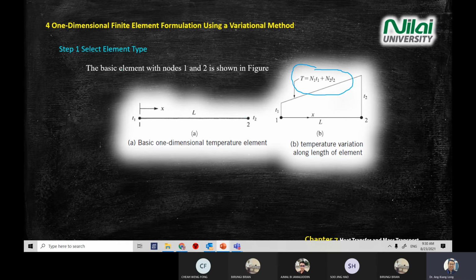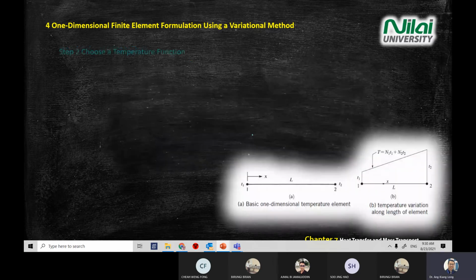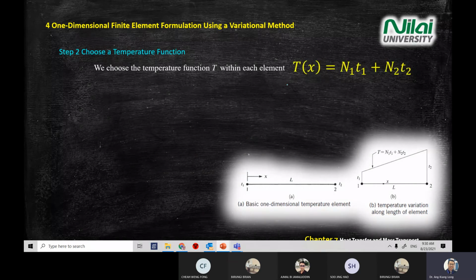So basically, step 1 in finite element is to choose the element type, meaning you break the element into points and label them with length and points. Second, you choose the temperature function. In this case, I give you the more direct one with the linear equation: T equal to N1 T1 plus N2 T2.